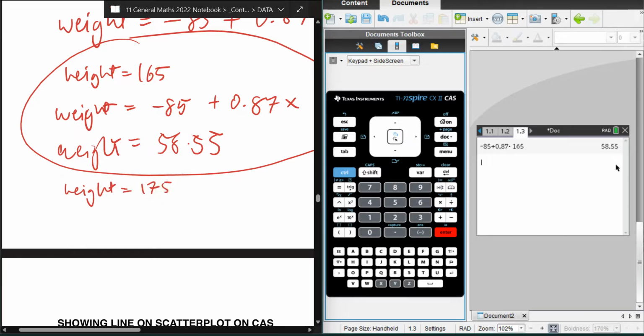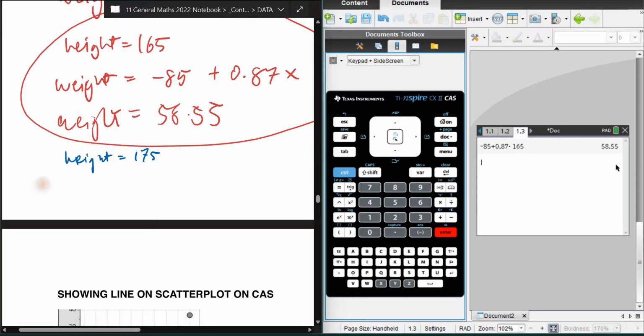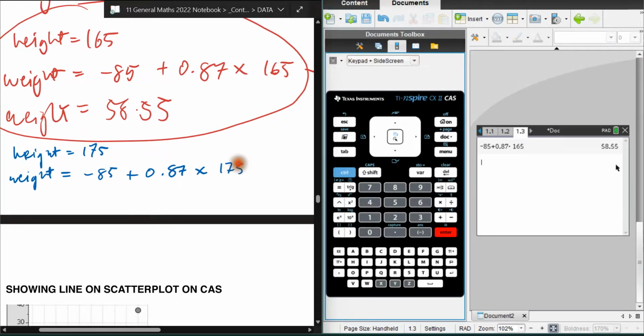Again, using that formula, I'll just change the color so it's not too confusing. Let's see what happens if height is 175. So weight is equal to negative 85 plus 0.87 times the height now of 175.